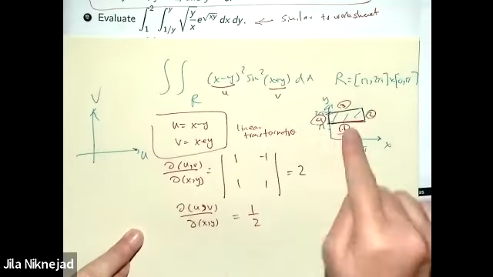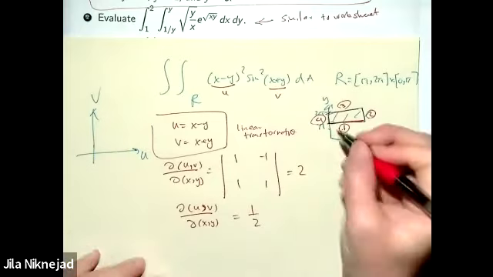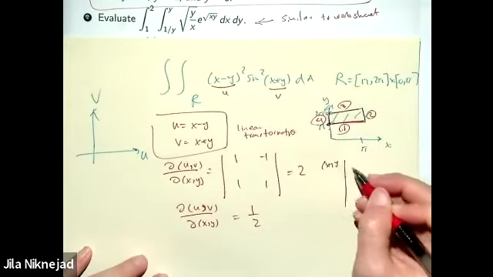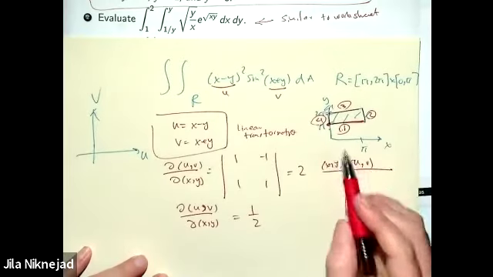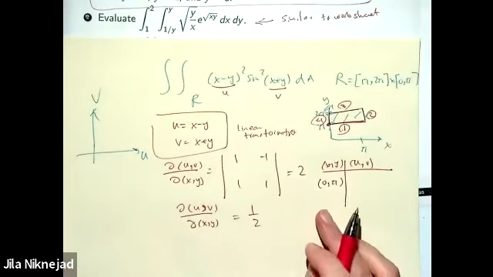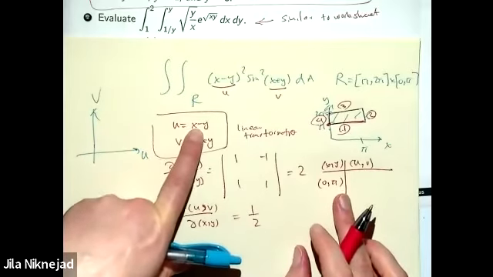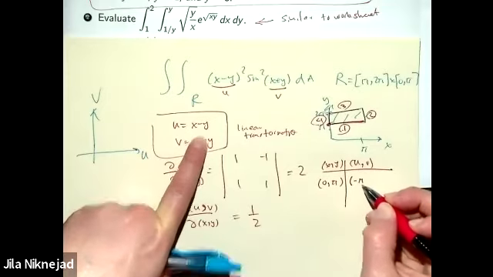U and V. Now, I'm transforming, let's say, what is this point? This point is the points in X and Y points, and U and V points. X and Y points, I have 0 and pi. So if I plug in 0 for X and pi for Y, I get U equal to negative pi.